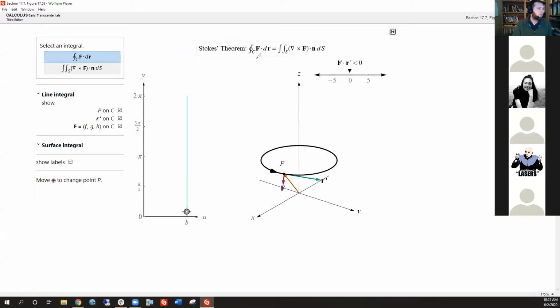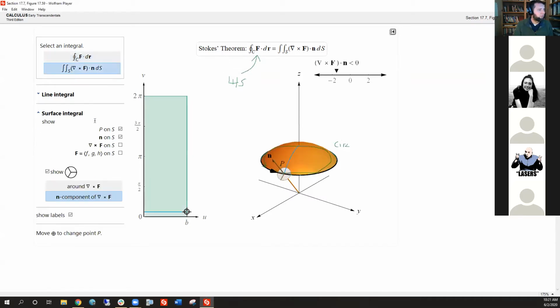On the left-hand side, you're talking about the circulation around the outside of the curve. Going around the outside, we could ask ourselves, what's the circulation if we go around the outside path?